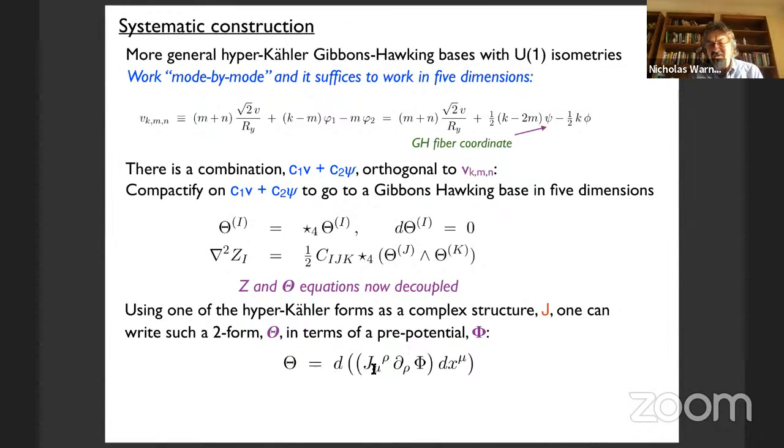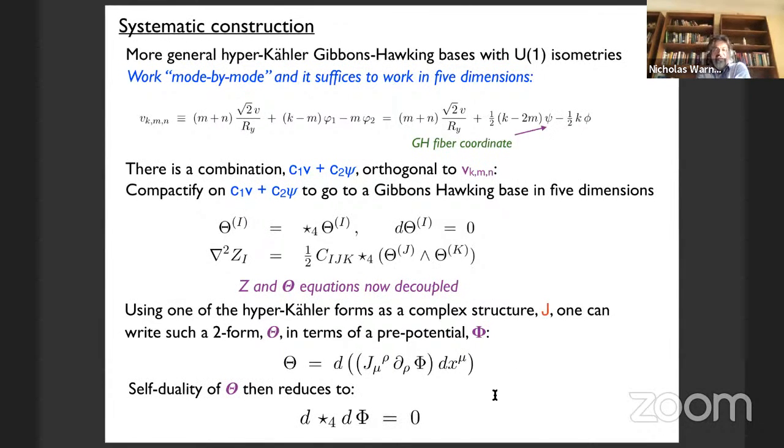You should think of this as just a complicated way of writing D and D bar. Think in terms of Dolbeault: this is a D and this is a D bar. And so it's DD bar of a prepotential. In particular, if you want it to be self-dual, this prepotential has to satisfy the Laplace equation.